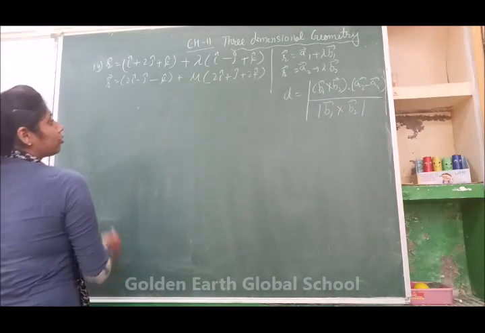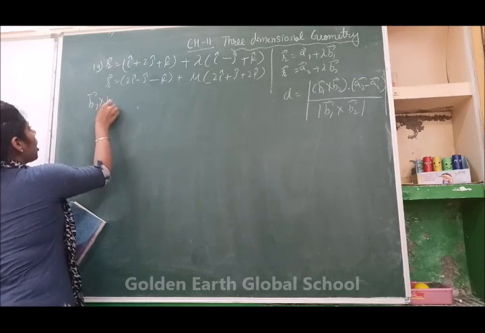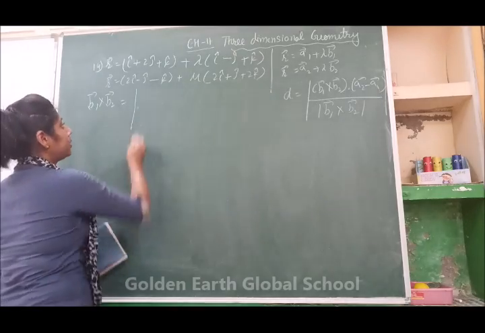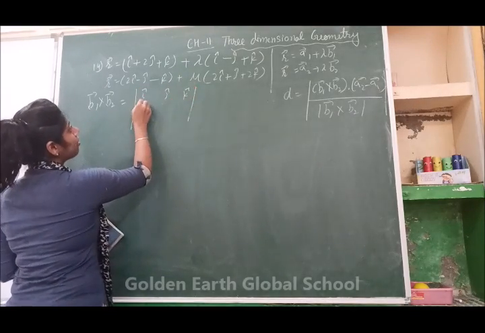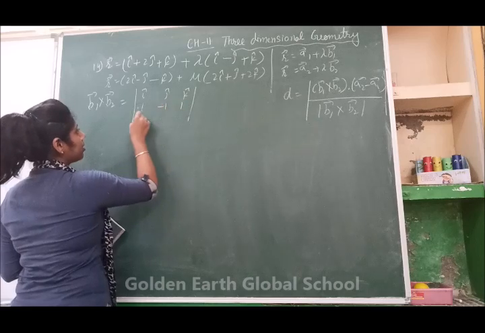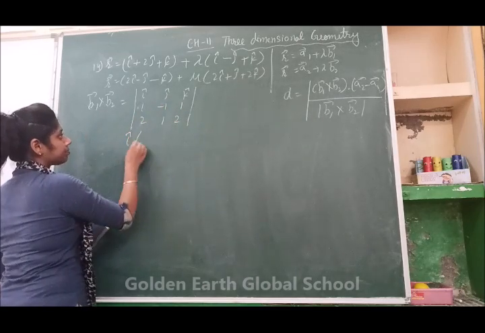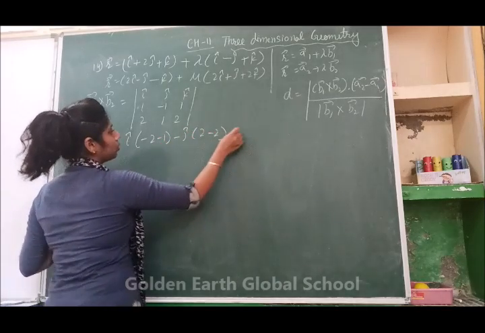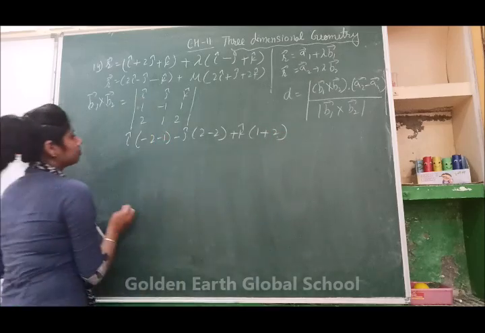Firstly, you have to find B1 cross B2. You know how to do the cross product by using the determinant i, j, k. Components of the first: 1, minus 1, 1. Second: 2, 1, 2. Simplify it. Minus 2 minus 1, 2 minus 2, 1 plus 2.